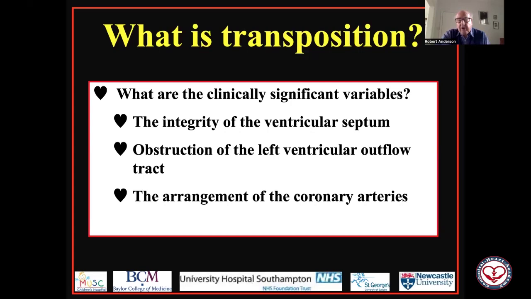They are the three features we're going to concentrate upon, but do remember that there can be many other associated malformations. So let's start off by looking at the integrity of the ventricular septum. And Diane's going to show you an example in which the ventricular septum is intact. And then she's going to compare that to a heart with a ventricular septal defect.